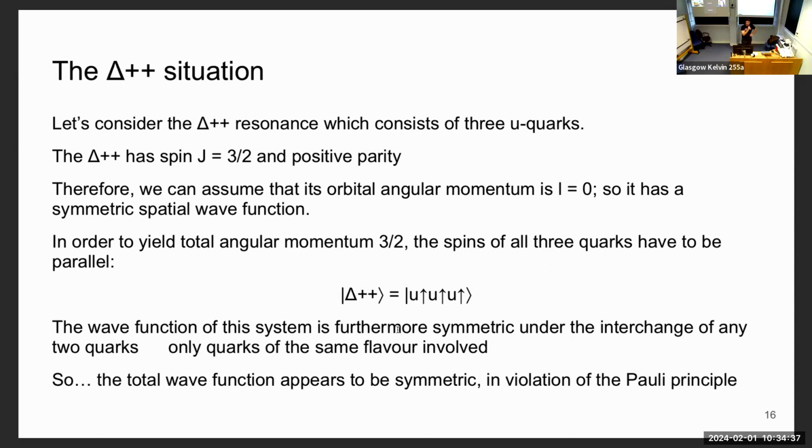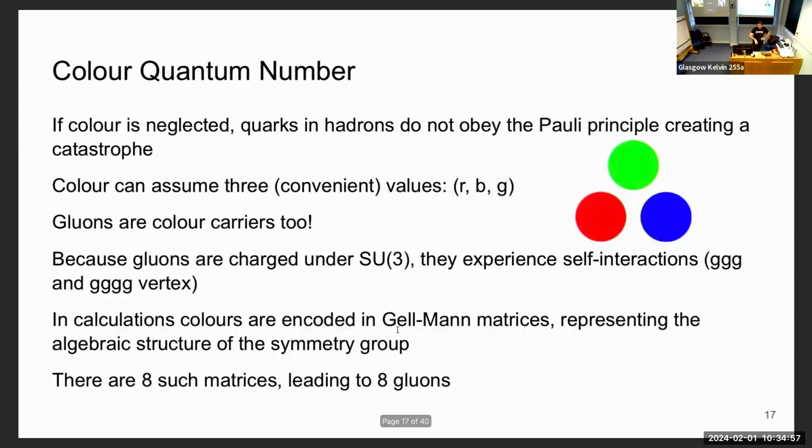So to get to this value of spin, the spins of the 3 quarks have to be parallel, which is again a problem under the Pauli principle, which is a terrible thing, because it's a cornerstone of physics and chemistry. There must be something else that can save it.